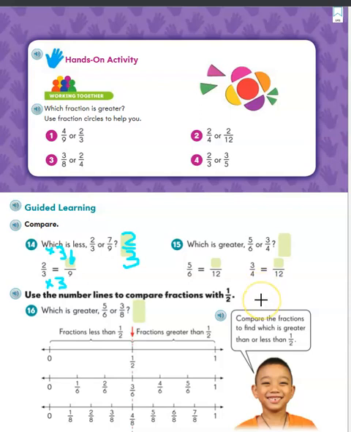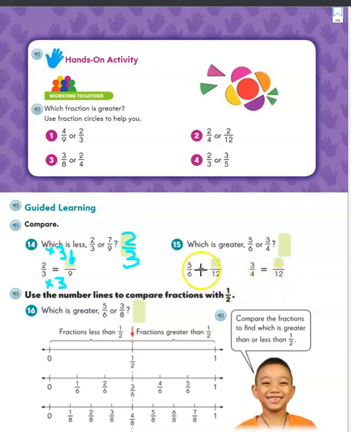So if we were to count by 6, we would say 6, 12, right? And if we were to count by 4, we would also say 12, right, guys? 4, 8, 12. So that means we just figured out that our common denominator is 12.